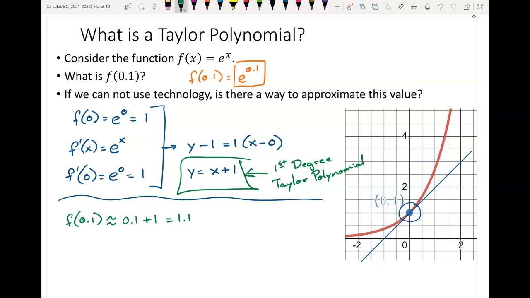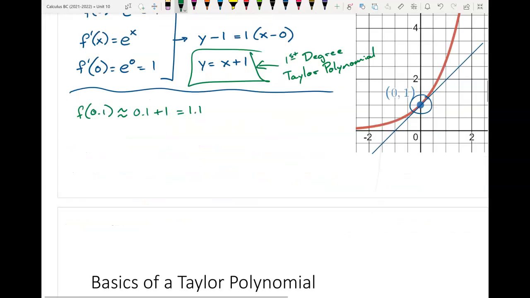Now, if we stay close to this center of 0, like 0.1 is pretty close to 0, we get a decent approximation. But what happens if I start getting further away? Is our approximation much good anymore? No. So that's why we need to expand this. Okay? So that's the whole idea why we have Taylor polynomials.